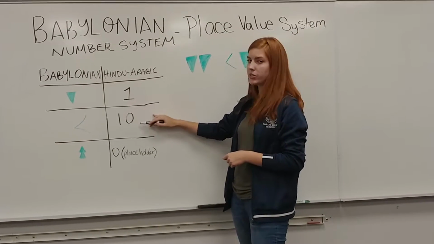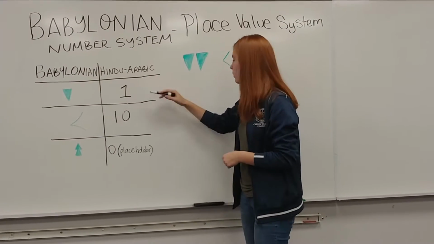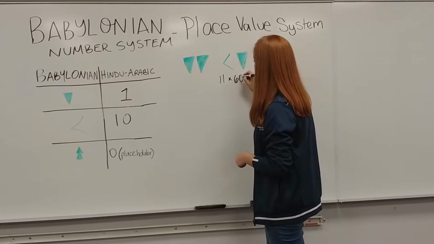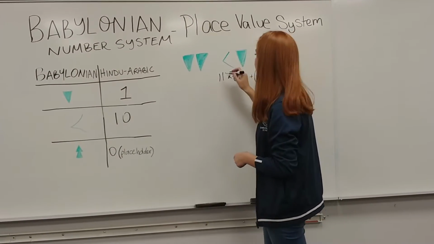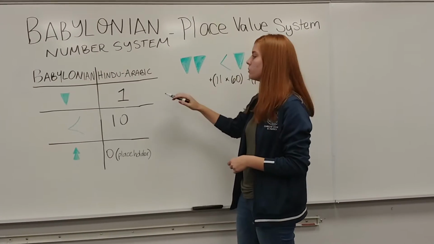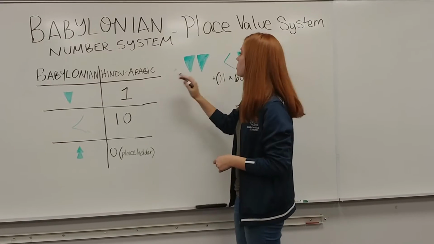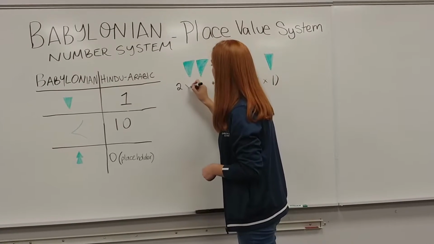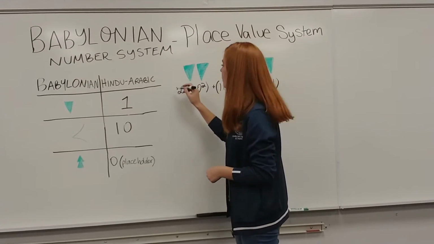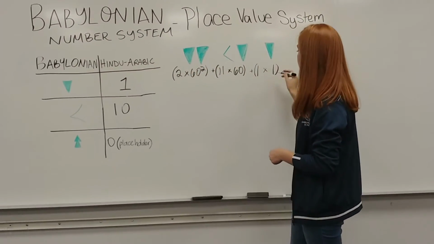The less than symbol represents 10, and the triangle represents 1, so this is 11, which we multiply by 60 because it's in the second place value. In the third place value, we have 2 triangles, each representing 1, so this is 2. And we multiply that by 60 squared because it's in the third place value. All of these are then added up.